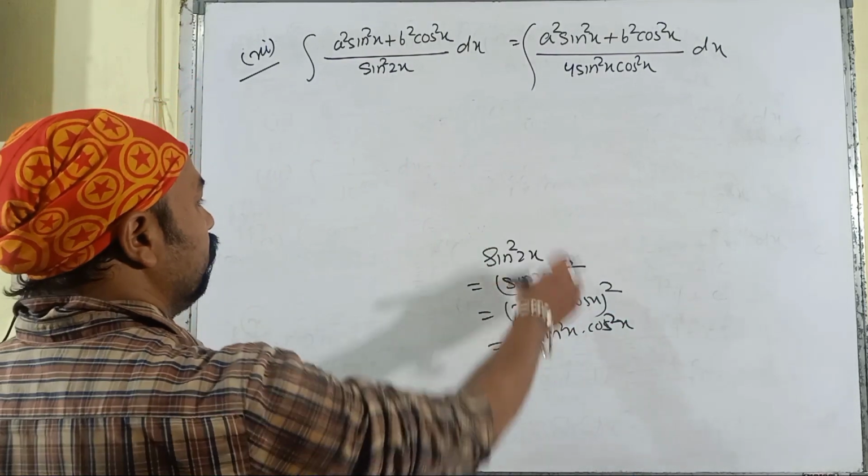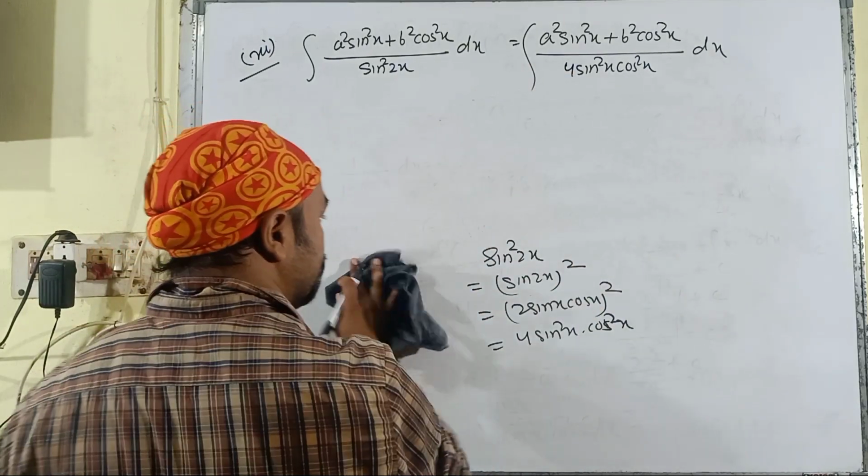I have taken this value in place of sin²2x in the denominator part.